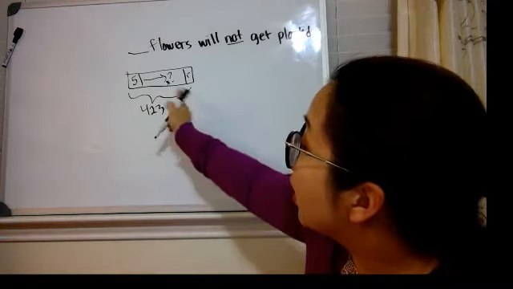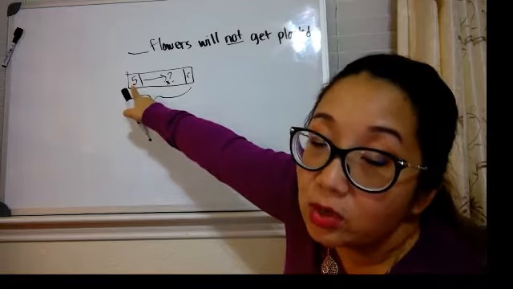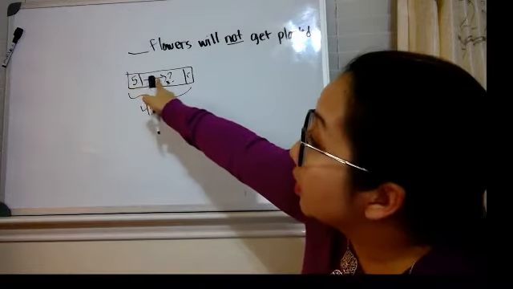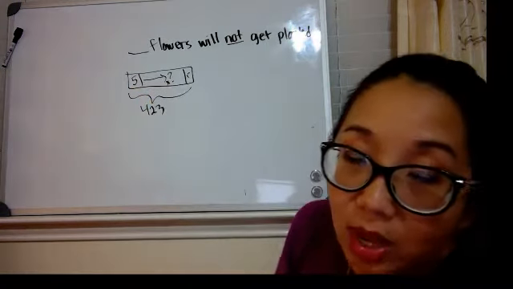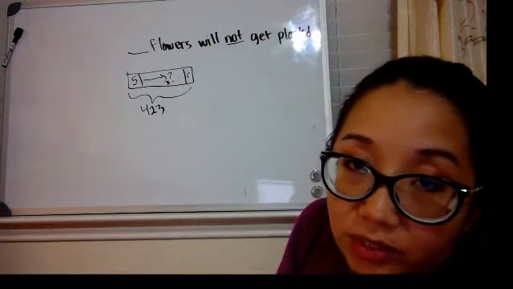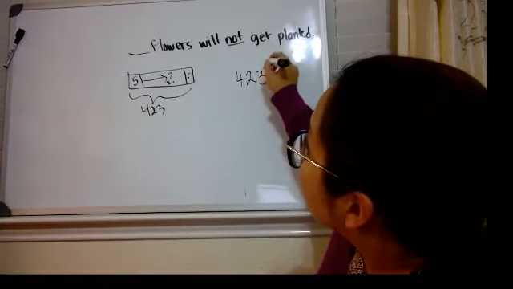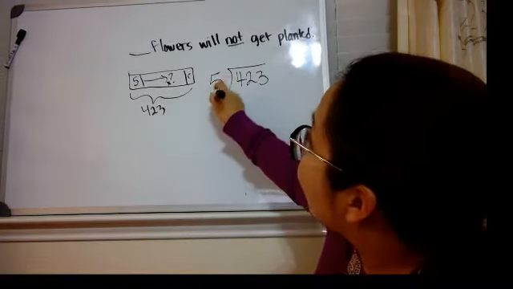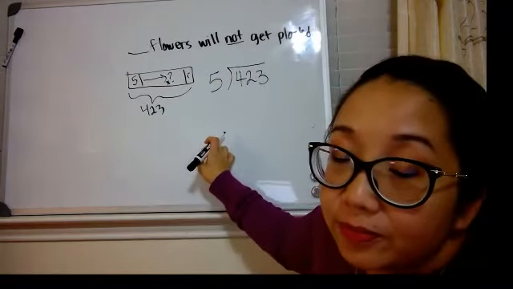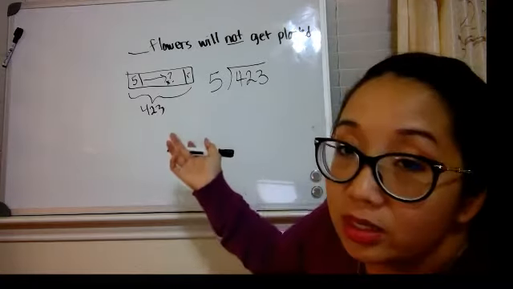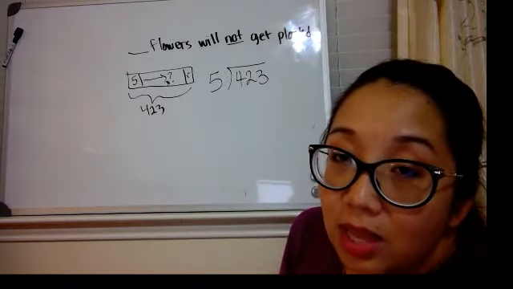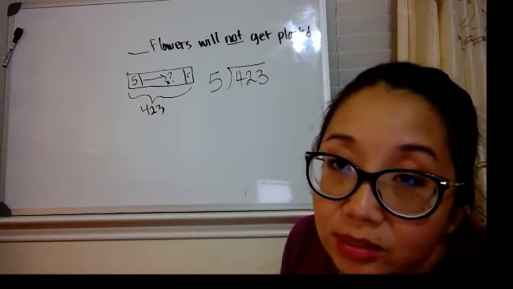If I know that I need to have an equal number of flowers in each pot, but I don't know how many pots I have, it's a division problem. 423, divide that by 5. And that will give me how many pots I needed and some other information.